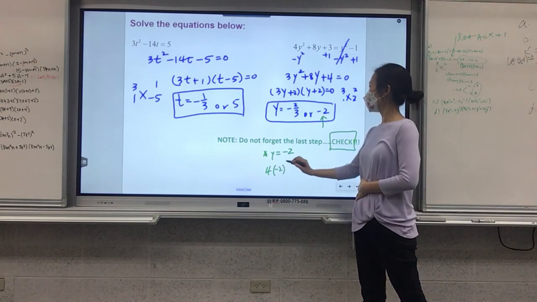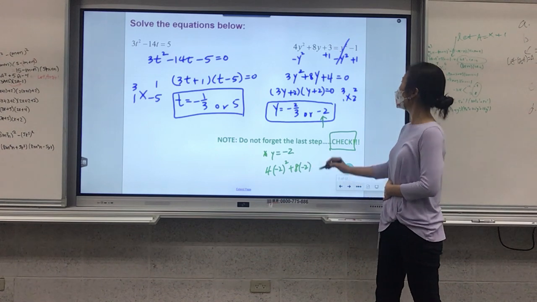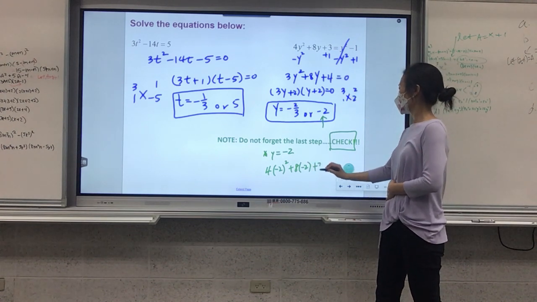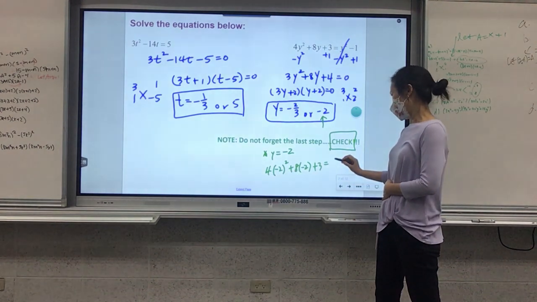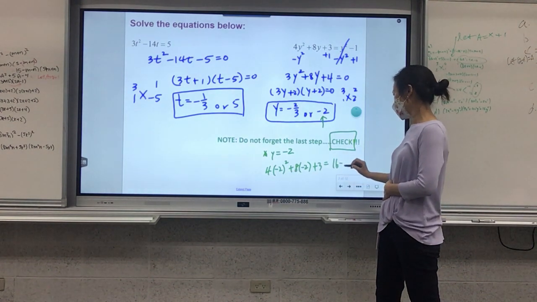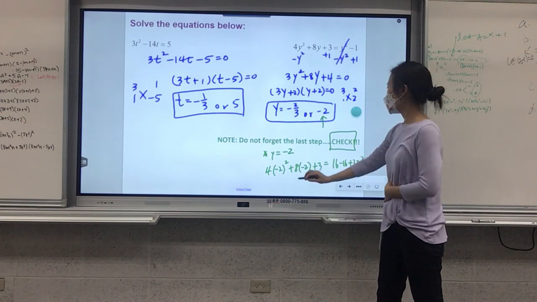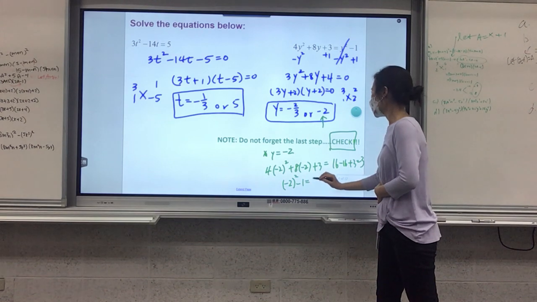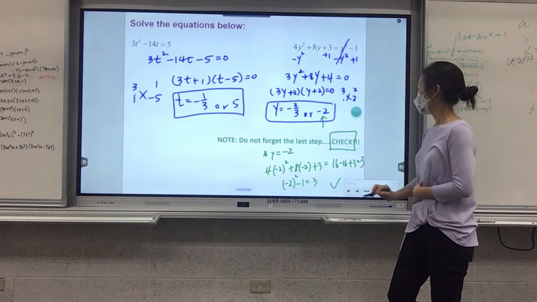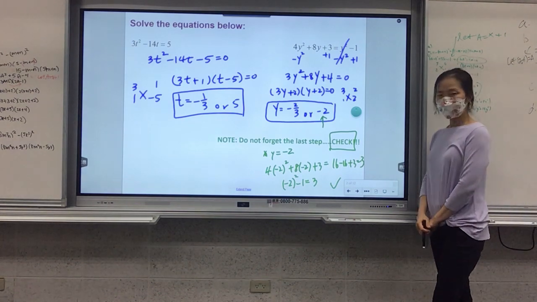Negative 2 squared plus 8 plus 2 plus 3. So the left side is, what is that? 16 minus 16. Right side, negative 2 squared minus 1 is also 3. Yep, 3 equals 3. So you can always check your answer this way.